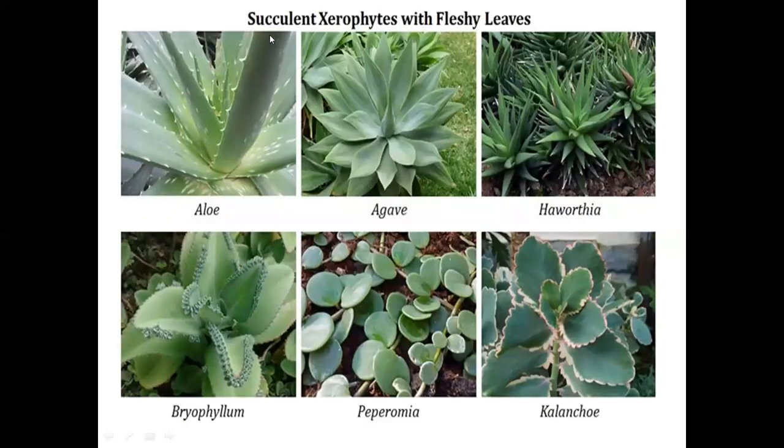And now we see the succulent xerophytes with fleshy leaves like aloe vera, agave americana, avartia, bryophyllum, peperomia, kalanchoe. These xerophytic plants store water in the form of mucilage in the leaves. Whenever they need water, they utilize the mucilage.